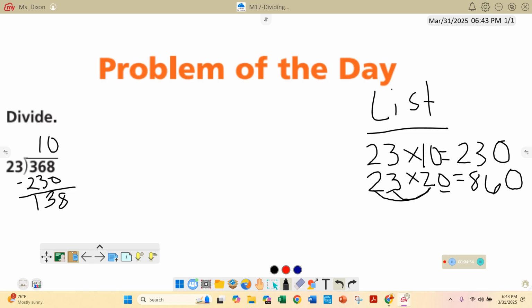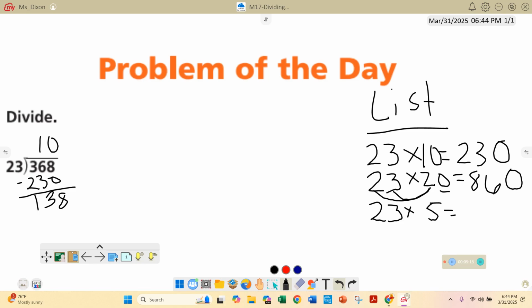No, because our remainder of 138 is more than our divisor of 23, so we have to keep going. Could we take out another 10 groups? We just saw that taking out 10 groups is going to have us subtracting 230. We cannot subtract 230 from 138, so we need to go smaller. All right, let's maybe try 5 because we know we can't do 10. So let's cut that in half and try 5. All right, come over, add 5 to our list.